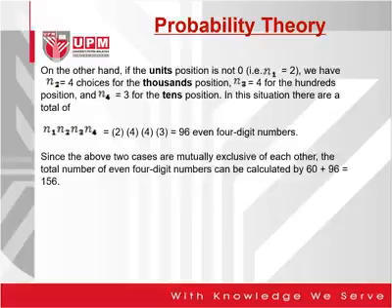By right we have 5, but because of 0 we have to hide it, so we only have 4 choices for the thousand position. When we go to the hundred position, 0 is allowed, so the number of choices remains 4, then 3. So the number is equal to 96. So the final answer is 60 plus 96, which is equal to 156.